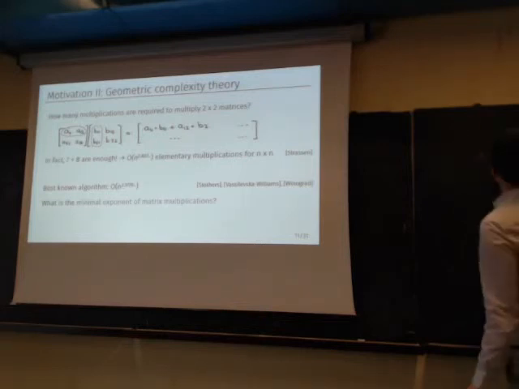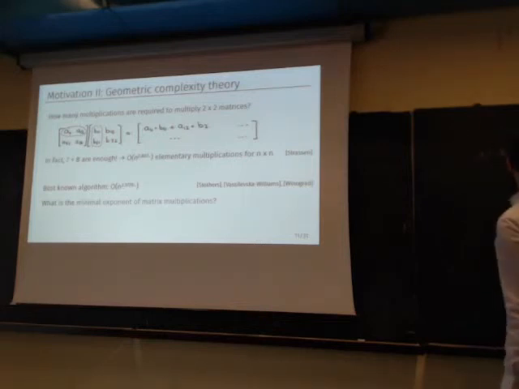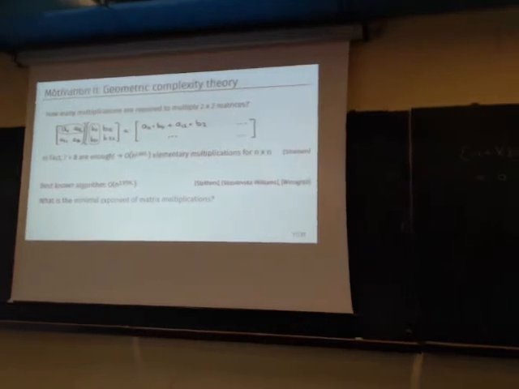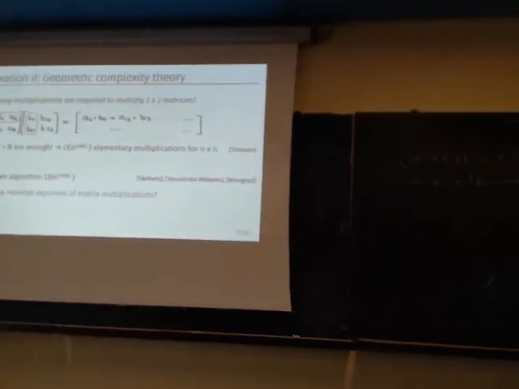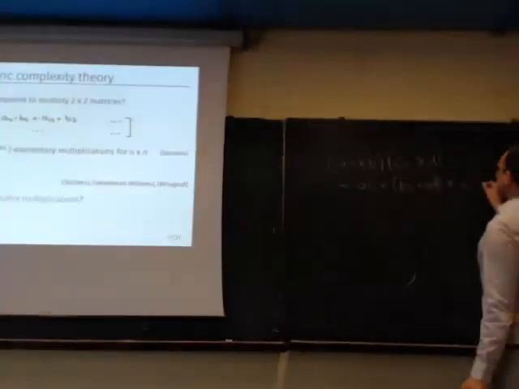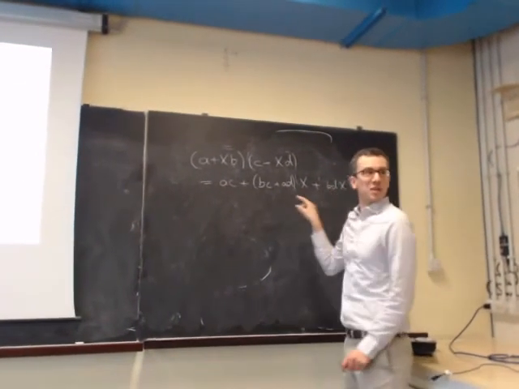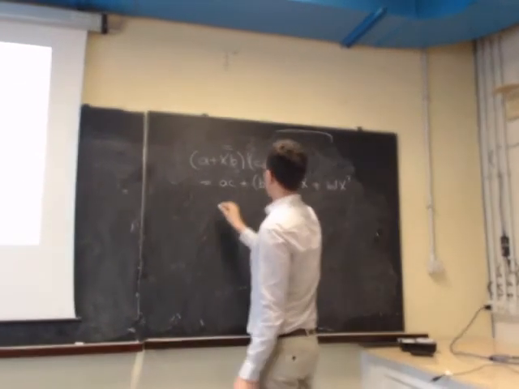So let me try. Suppose you multiply two polynomials like this, a plus bx times c plus dx. The naive thing would be ac, plus (ad plus bc) x, plus bd x squared. So this would be 1, 2, 3, 4 multiplications. But now you could also do something.